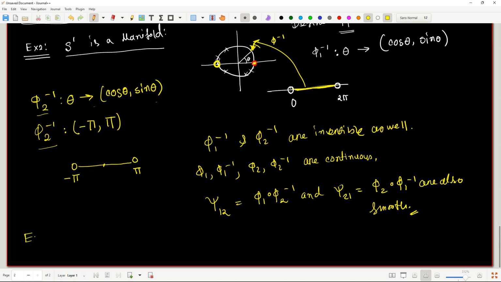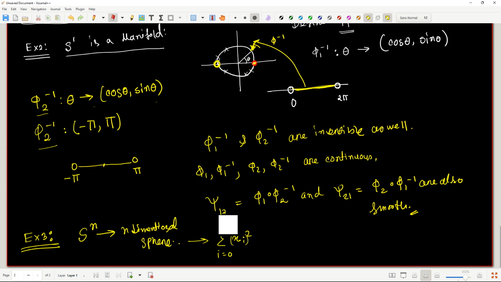Similarly, another example of a manifold is Sn, which means the n-dimensional sphere. This Sn is given by this equation: the sum for i equals 1 to n plus 1 of x_i squared, x1 squared plus x2 squared up to x of n plus 1 squared, and let's say it's a unit sphere, so you can just write it as 1.